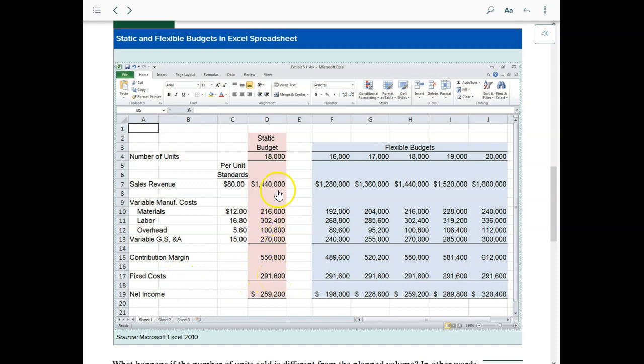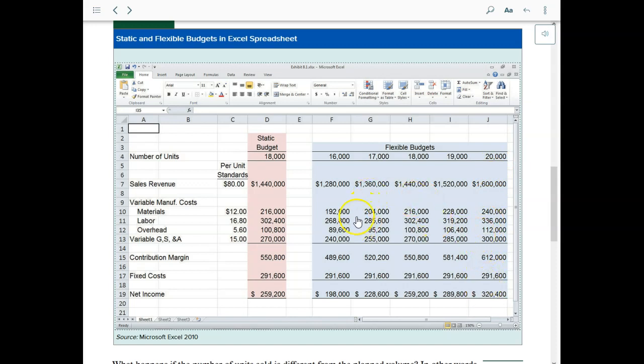What you can do then is now take these numbers and prepare a budget at any level. We're flexible here. So if we end up maybe only selling 16,000 units, we can see what the budget should look like at 16,000. If we sell 20,000 units, same thing. You can see what the budget should look like if we sell 20,000 units.